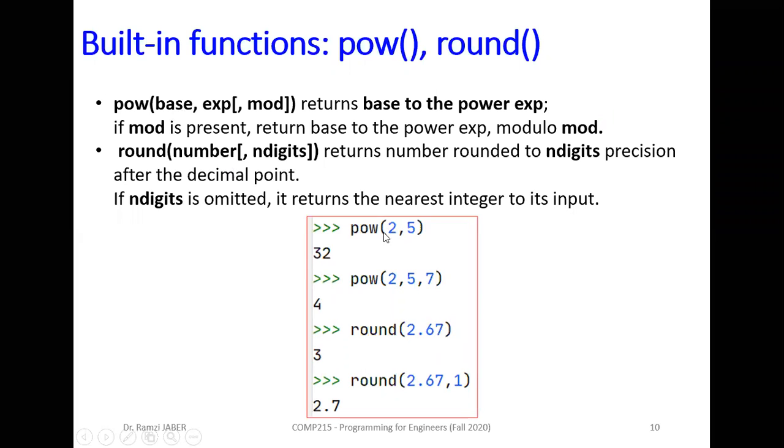But also we have round in the decimal part. Example, pow 2 to 5, 2 power 5, 32. Optional, we can put mod. Pow 2, comma 5, comma 7. This 7 is mod.